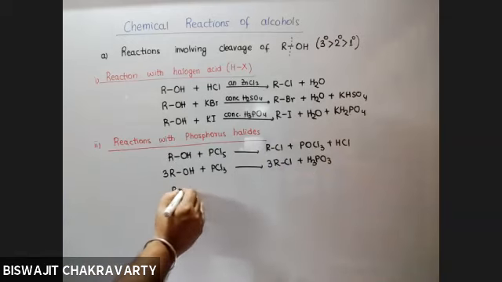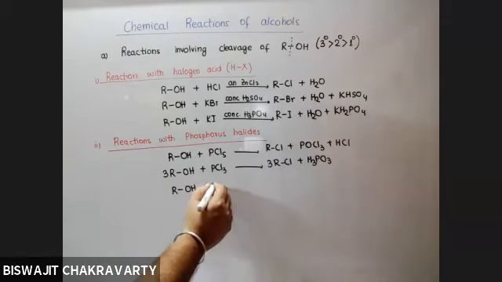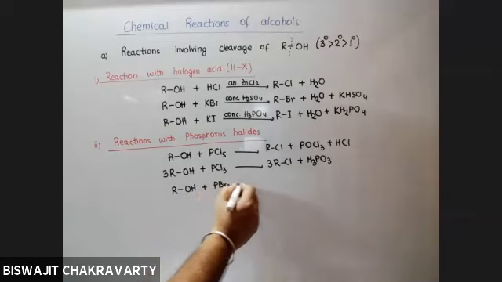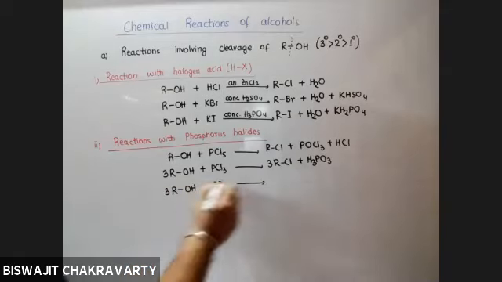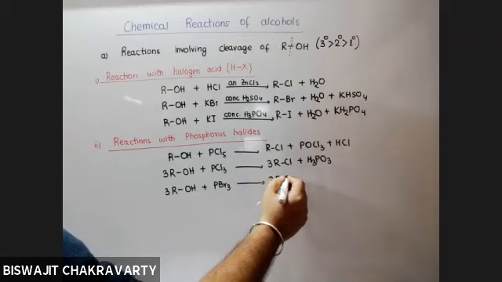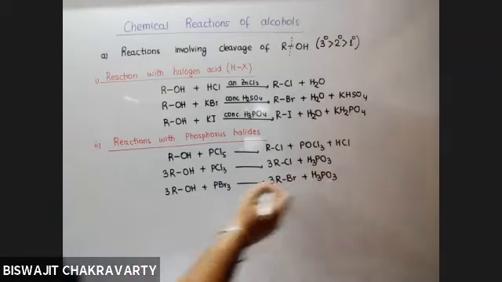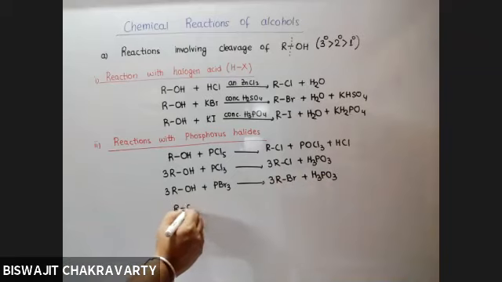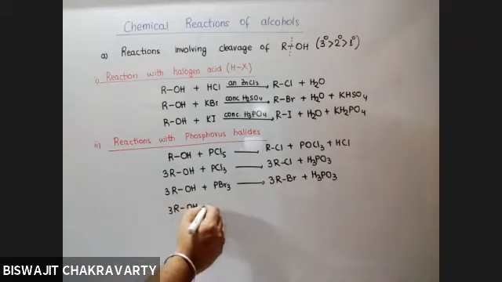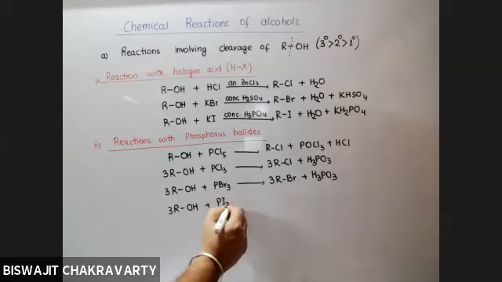But in case of phosphorus bromides, there can be only tribromide. And in case of phosphorus iodide also, you will get triiodide.